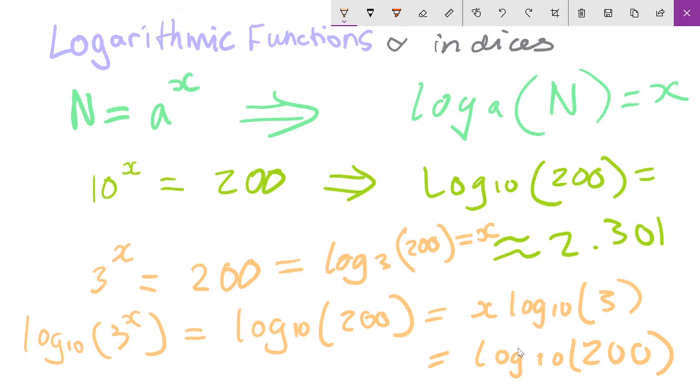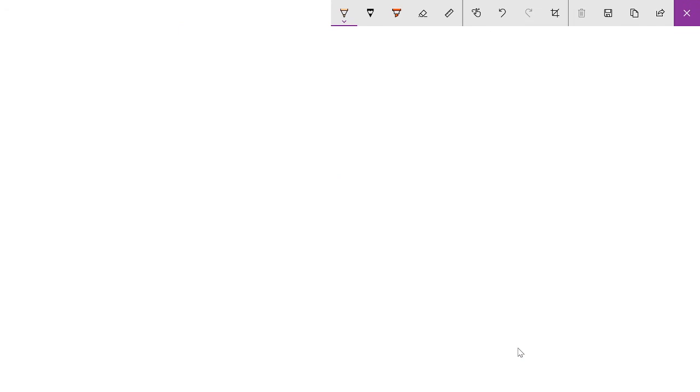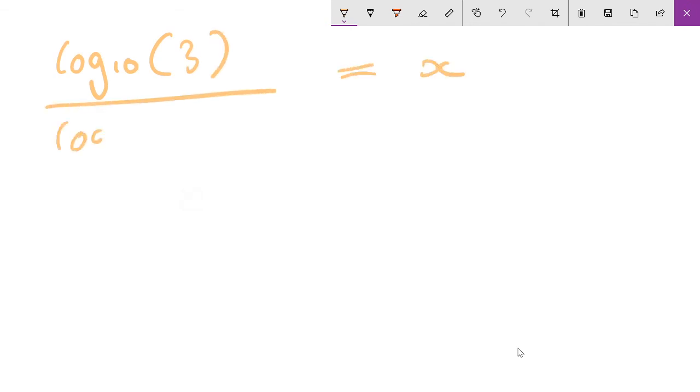So you can take a log of both sides with base 10, of course, and you get that, which brings me to a new rule that I'm going to show you later. That equals x times log 3, and then we can plug it into a calculator to find x equals log 200 over log 3. So that's a way that you can find x without having to put the base in your calculator.